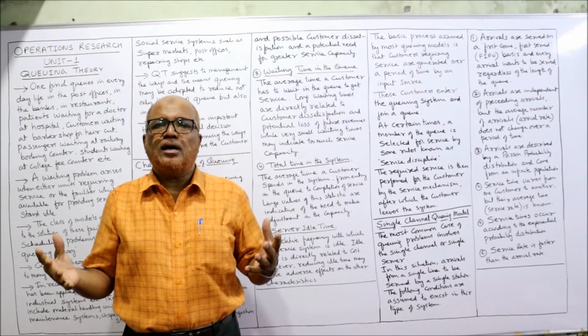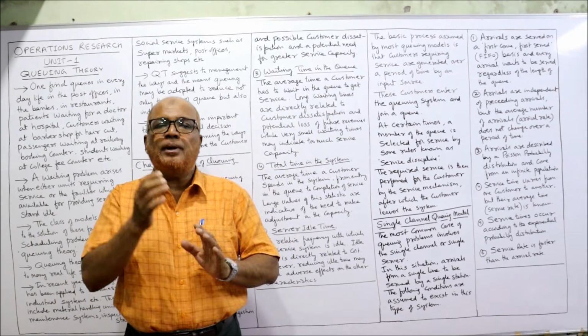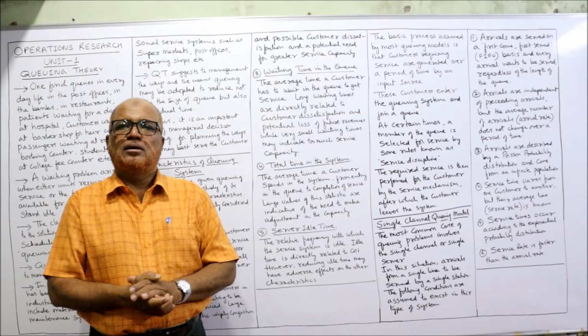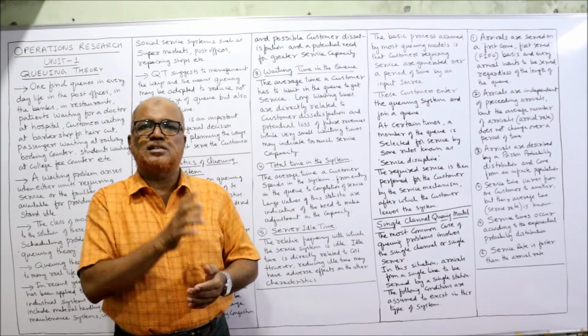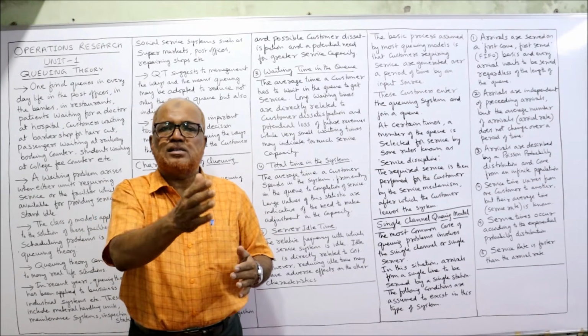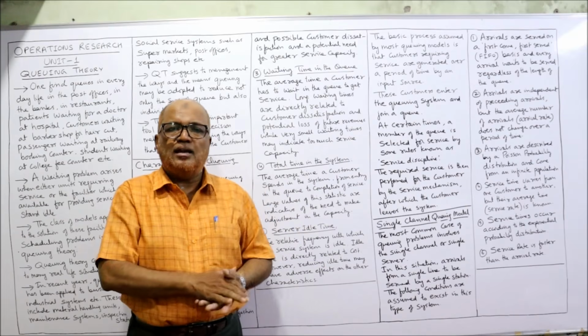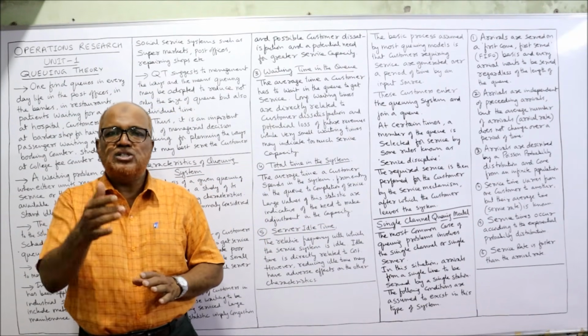Different organizations provide the service through different methods. For example, in some organizations, they will provide the service on a senior citizen basis. The service will be first provided to senior citizens. In some other areas, the service will be provided according to gender. Ladies first.